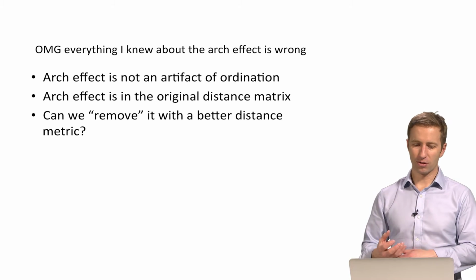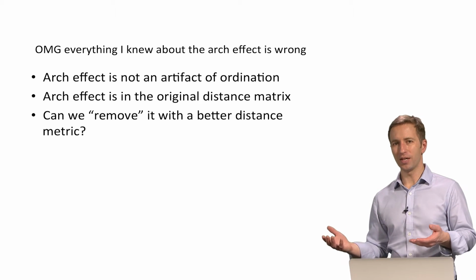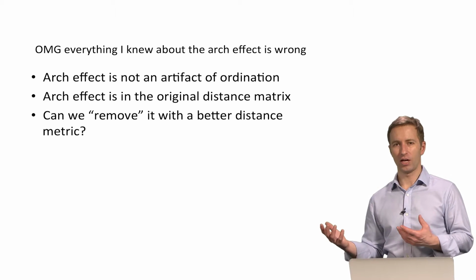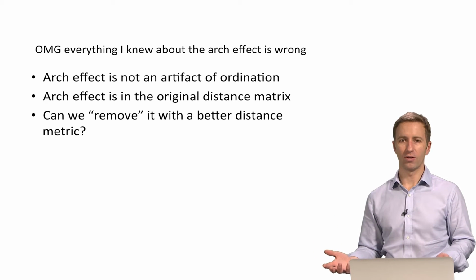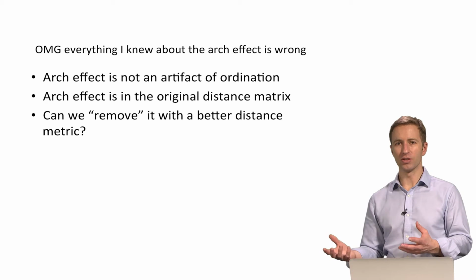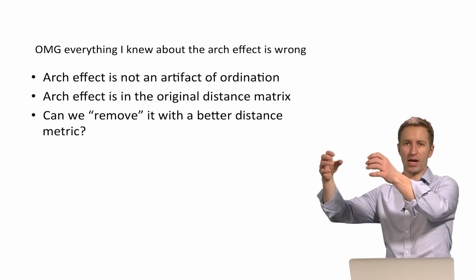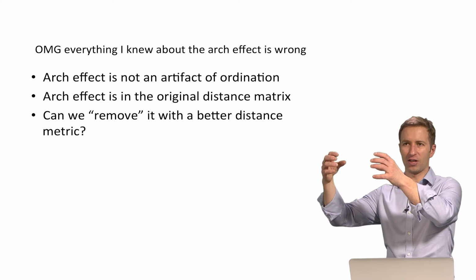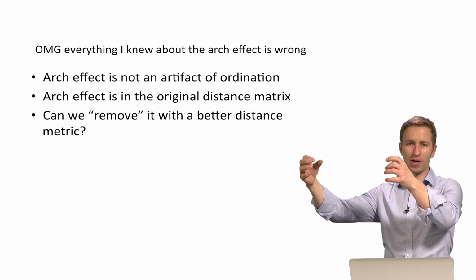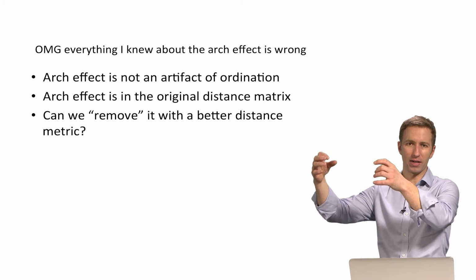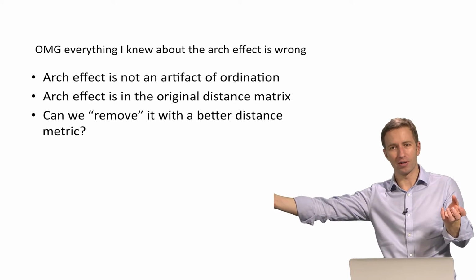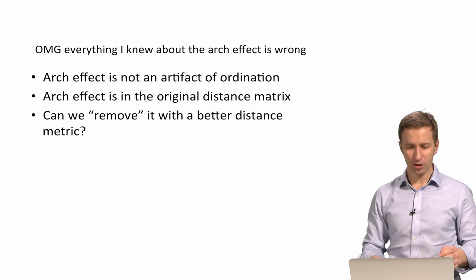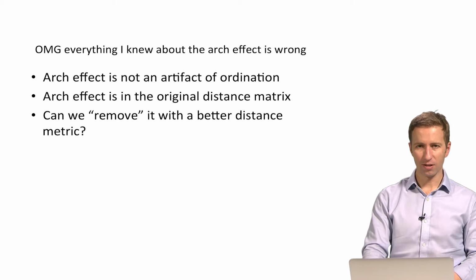And this is sort of an open question. Could there be a better distance metric that would remove the arch effect? In other words, it wouldn't show that the ends of the gradient are about as far apart from each other as they are from the middle of the gradient, and it would show that they're as far apart as possible. But that's not actually what we see using the common distance metrics.